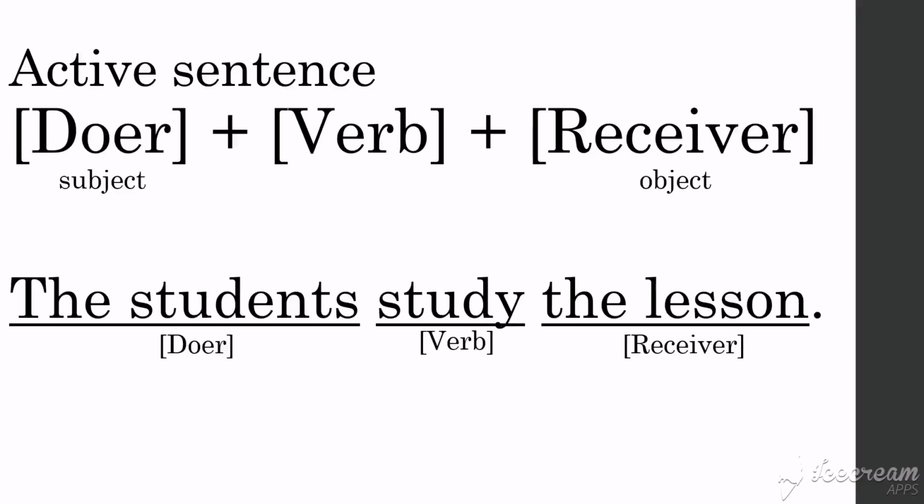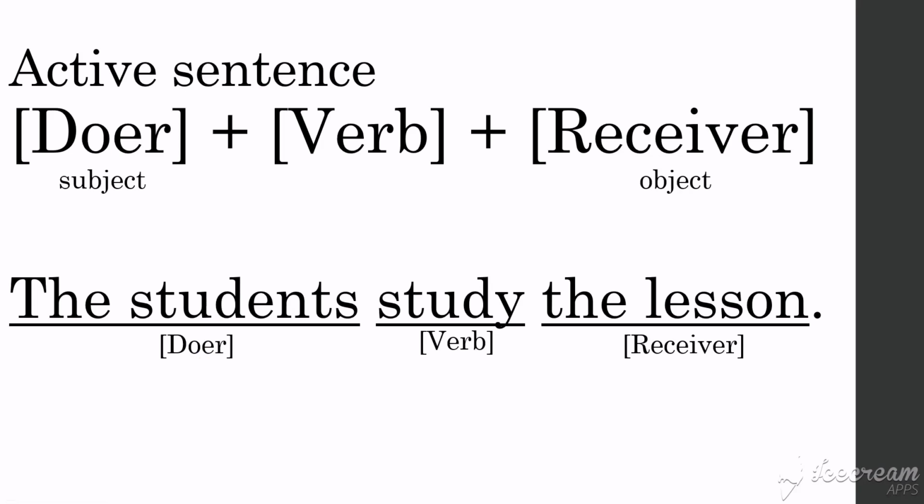Okay, so I have here the formation on how we are able to construct an active sentence. First, the doer, which is the subject of the sentence, followed by the verb or an action word, and then comes right after the receiver or the object that receives the action. Here's the sentence: The students study the lesson. The subject here, the students, is also our doer of the sentence.